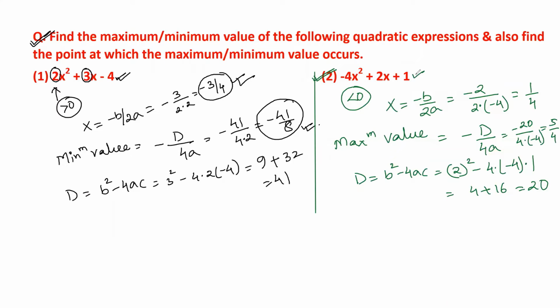So for this quadratic expression, the maxima point, that is the point at which this quadratic expression will attain its maximum value, would be 1 by 4, and the maximum value would be simply 5 by 4. So we can simply use x equal to minus b upon 2a to find the maxima or minima point, and minus d upon 4a to find the maximum or minimum value of a quadratic expression.